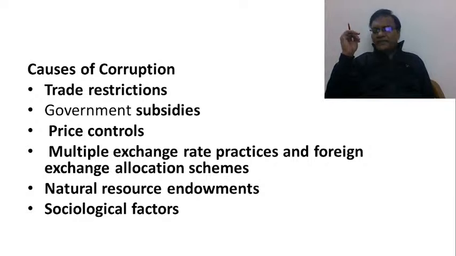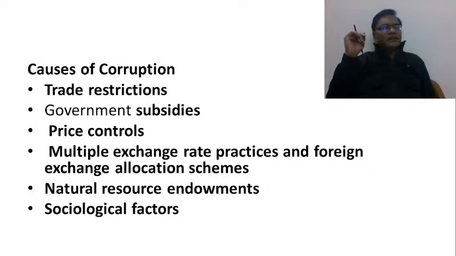These bureaucrats would join with the black marketeers, and they would indulge in massive levels of corruption. As and when any kind of market distortions are there, it will always result in corruption. You can see here multiple exchange rate practices and foreign exchange allocation schemes. This is what we had before 1991. Right now we don't have.